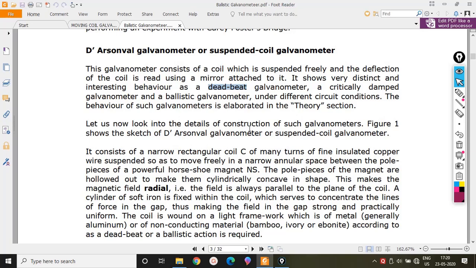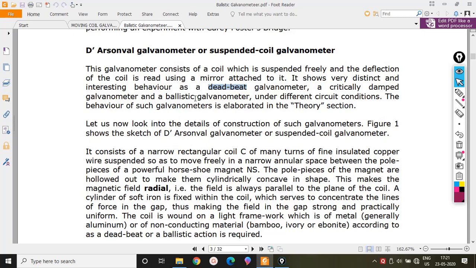That is, you will apply a current and there will be a deflection like the Weston type, but in ballistic, as you are measuring charge or you are measuring transient currents, charge flown by transient currents.